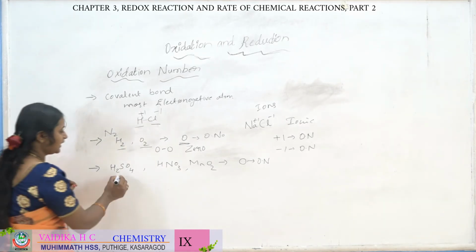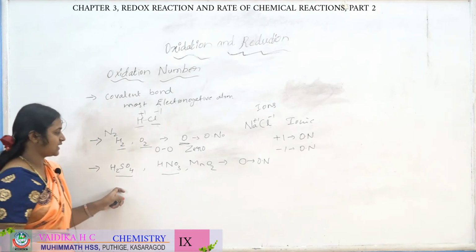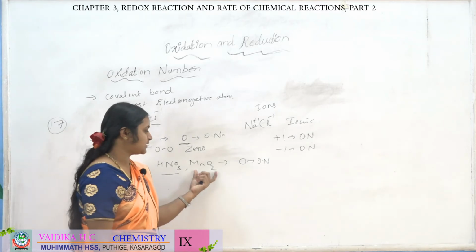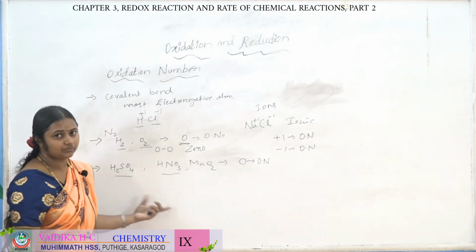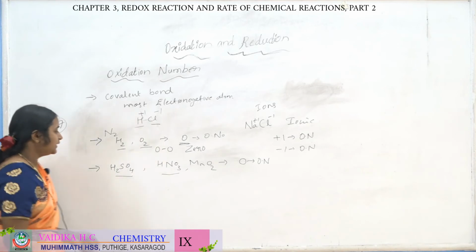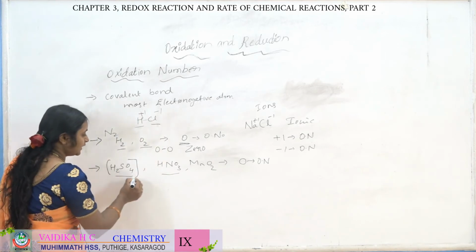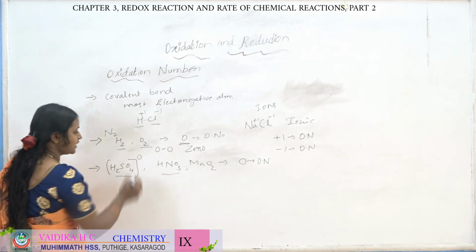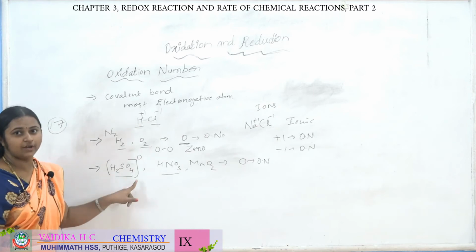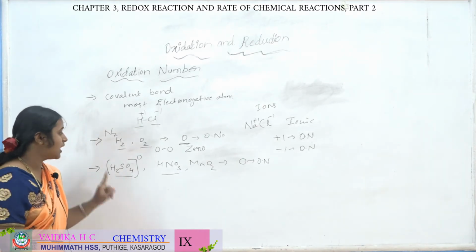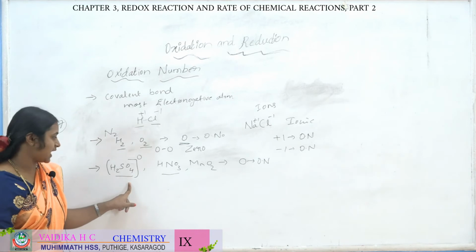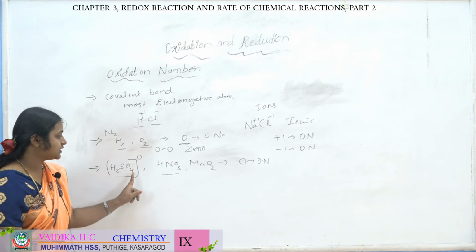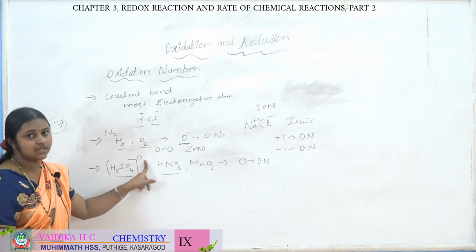And these are the compounds, right? H2SO4, HNO3, sulfuric acid, nitric acid, MnO2, manganese dioxide. These are some compounds. This compound as a whole does not have any charge, right? So the charge will be 0. This hydrogen and oxygen may have charges, but if you add the charge of hydrogen, charge of sulfur, charge of oxygen, it will be 0.